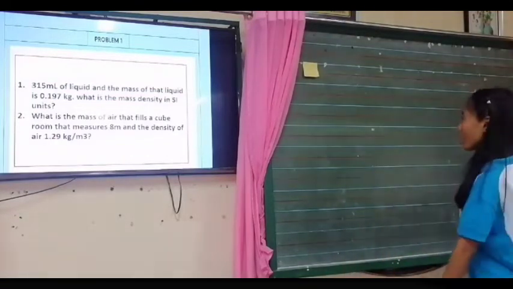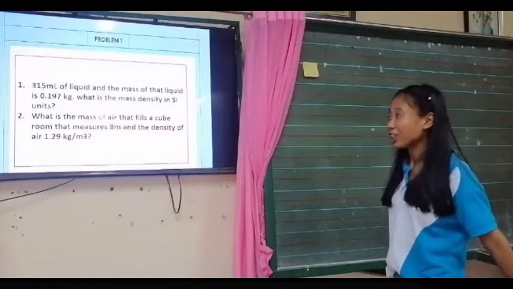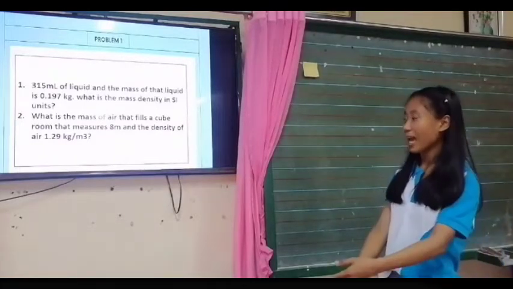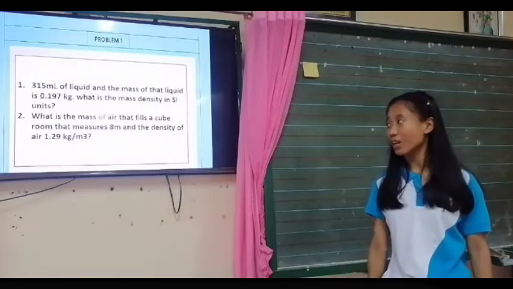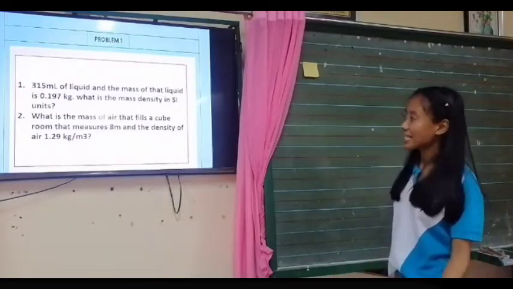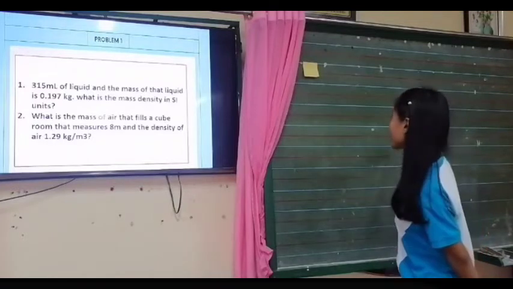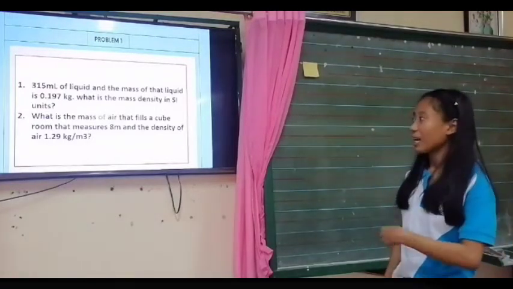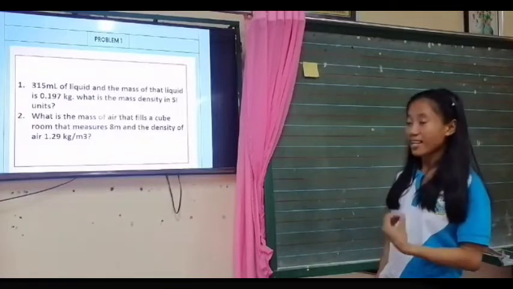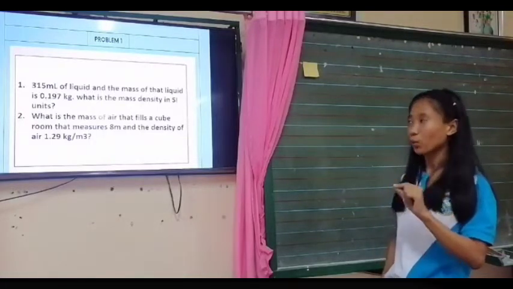So problem number 1. 315 ml of liquid and the mass of the liquid is 0.197 kilogram. What is the mass density in SI units? So, tinatanong na naman dyan ang density in SI units na kilogram per cubic meter.